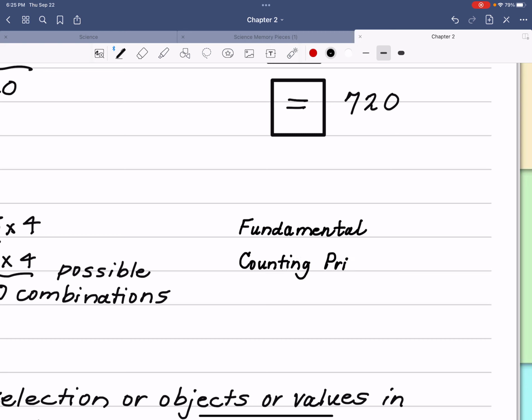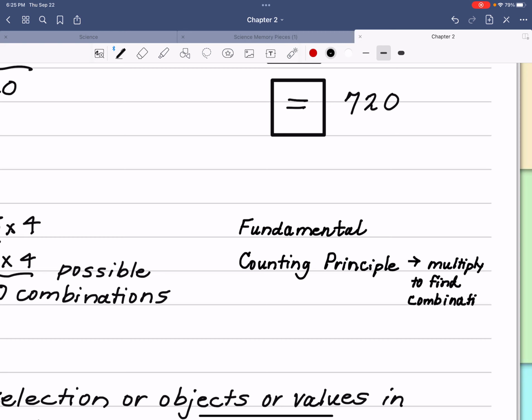The fundamental counting principle, and this is principle with an LE, not principal like at a school. Fundamental counting principle says that you can multiply to find combinations.